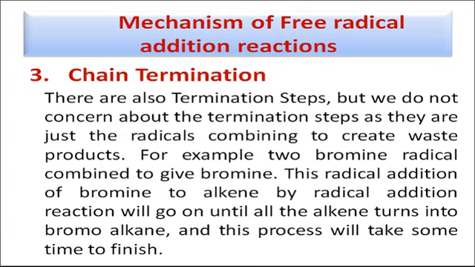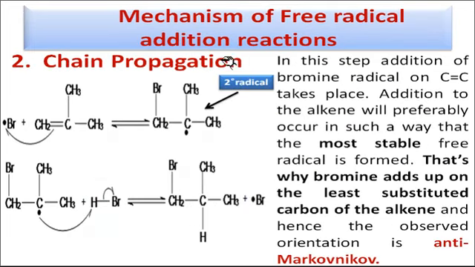But our concern is mainly the chain propagation step, in which secondary radicals are formed, which are the more stable radicals. That is why the attack of the bromine radical takes place on the first carbon atom only, which leads to the anti-Markovnikov product.